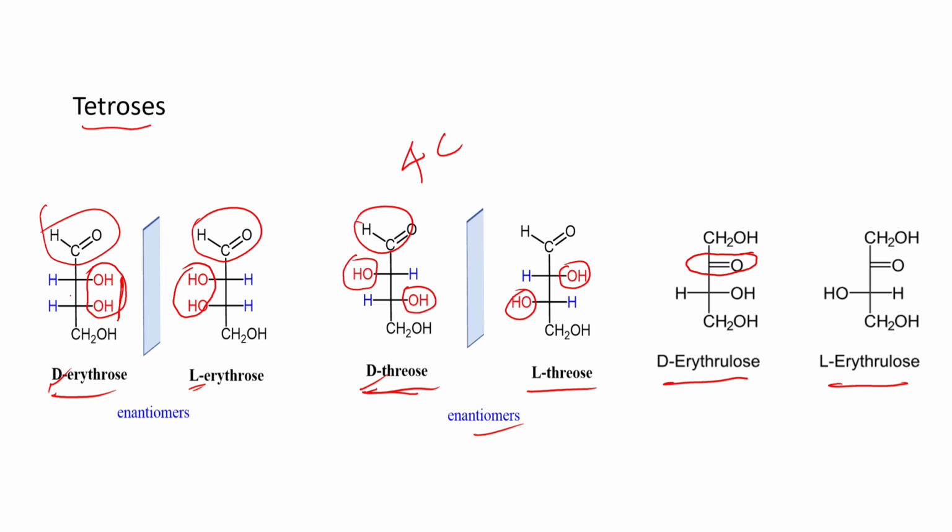But in the case of D-erythrulose or L-erythrulose, there is only 1 asymmetric carbon, 1 carbon less than the aldehyde. So it shows enantiomers, but it contains only 1 chiral carbon. Here they have 2 chiral carbons.